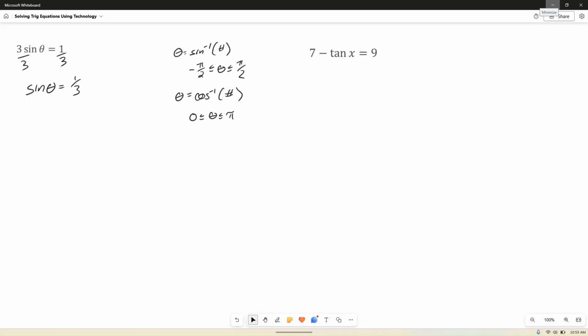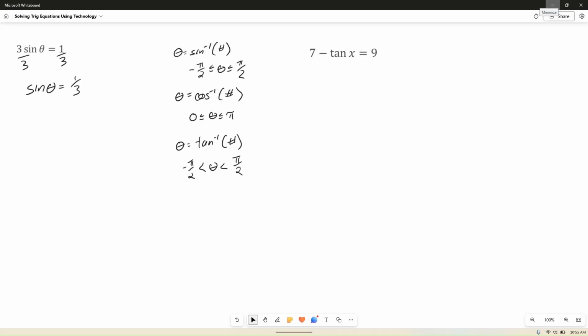And then if we did inverse tangent, so theta is equal to the inverse tangent of, again, some value. And that theta also has to be between -π/2 and +π/2, although this time we cannot include the -π/2 or the +π/2. So there are strict inequalities here because tangent is actually undefined at π/2 and -π/2. It has those vertical asymptotes on the graph.